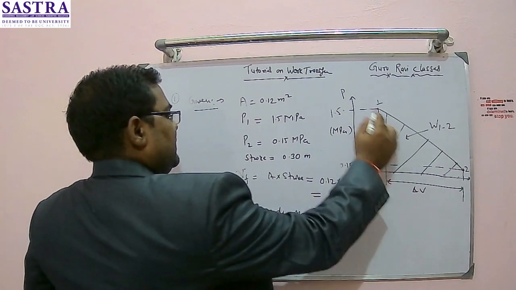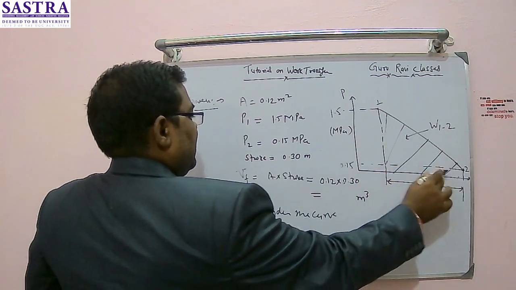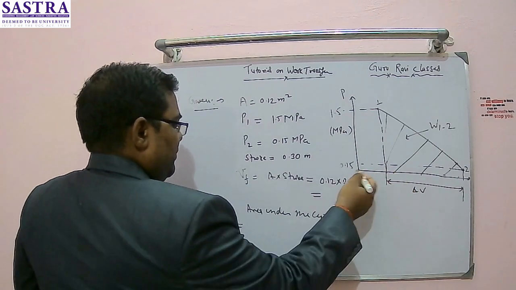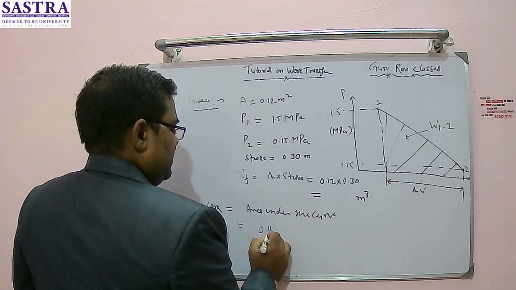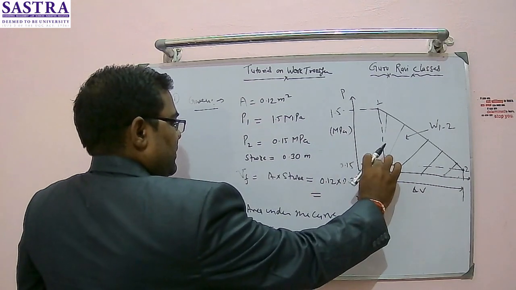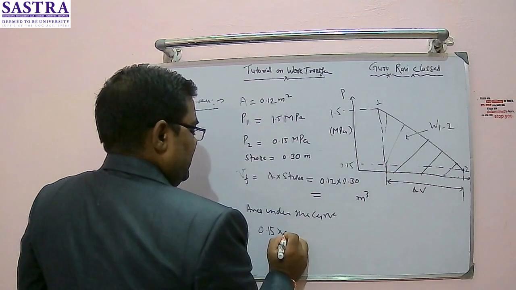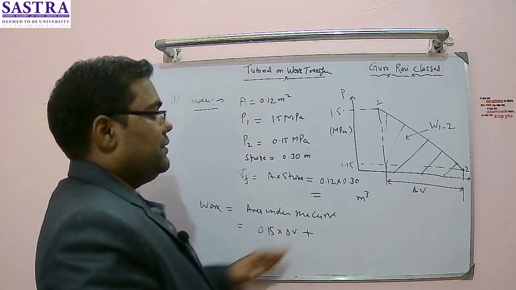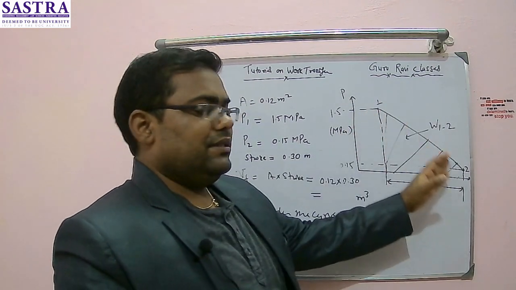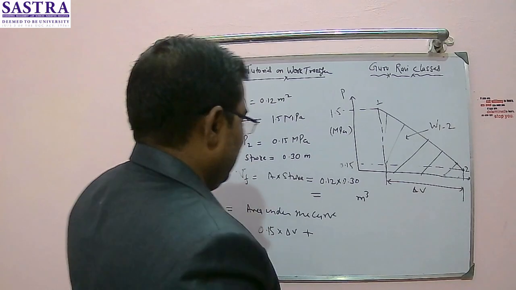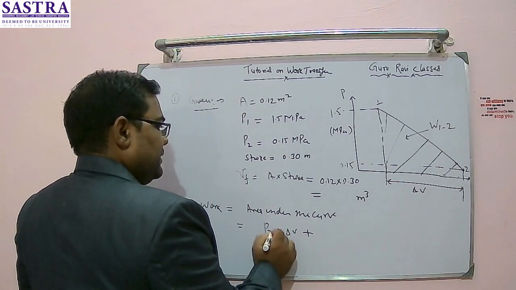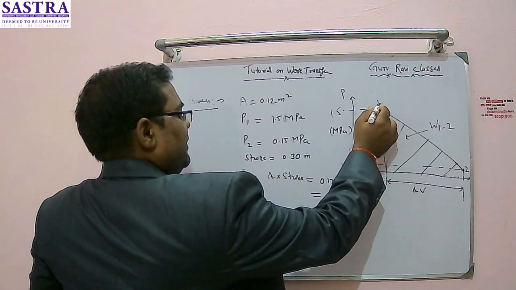So one is this triangle, another is rectangle. For the rectangle you can write simply 0.15, this is the height and the length is delta V. This is the one part. And for this triangle, you say this is P2 and this is P1.